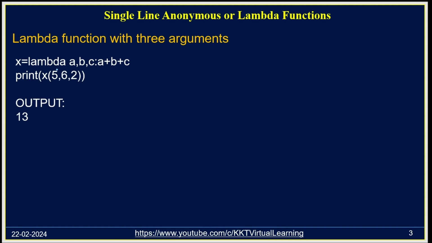That means the first value 5 will go to a, 6 will go to b and 2 will go to c. So a + b + c will be computed, that means 5 + 6 + 2, and that will be returned by the function x. So this is 13. So print x(5, 6, 2) will give output 13.